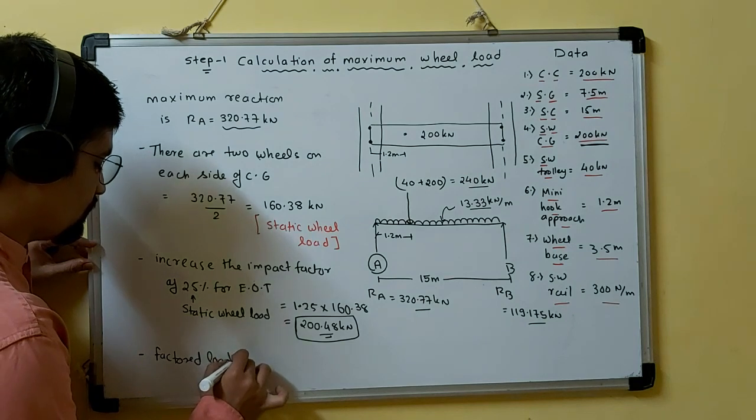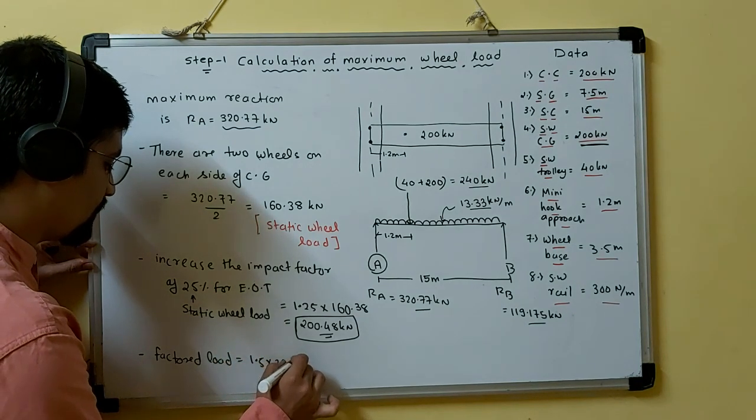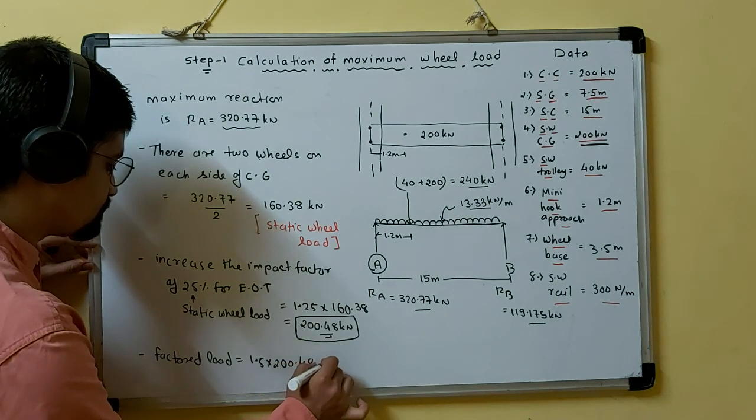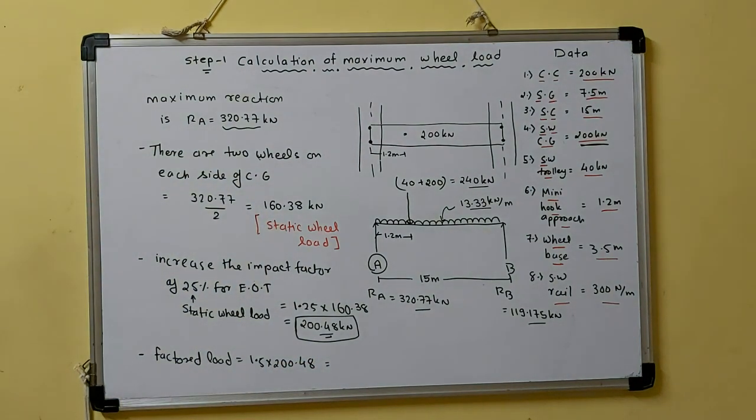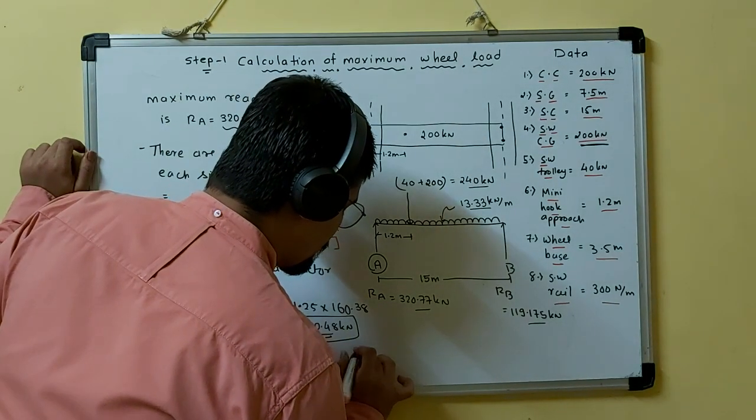Factored load is equal to 1.5 into 200.48. For the safety portion, we need to add the factor of safety. So the factored load is 300.72 kilonewton.